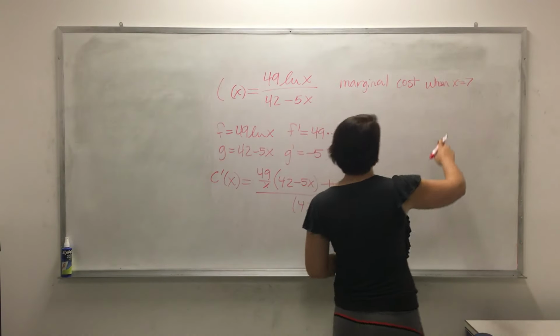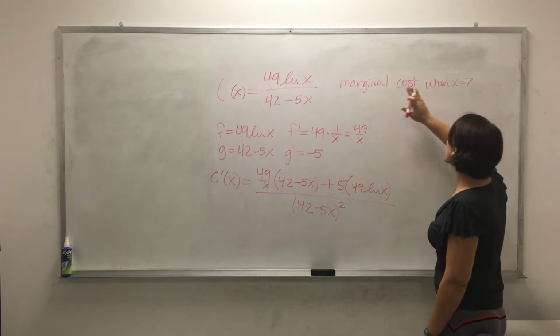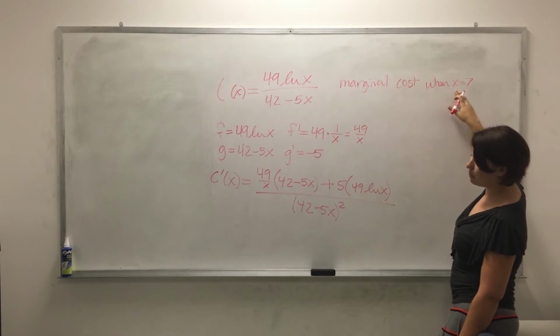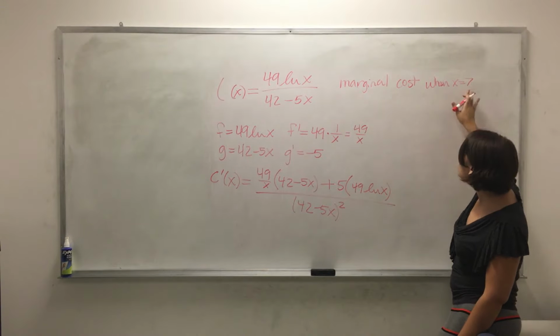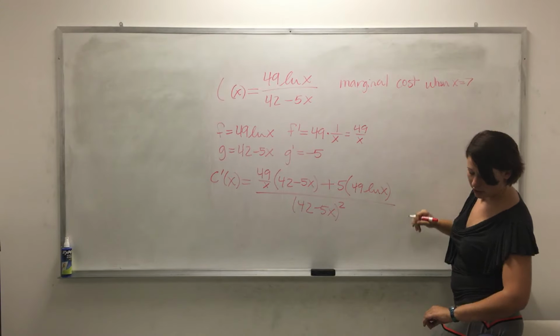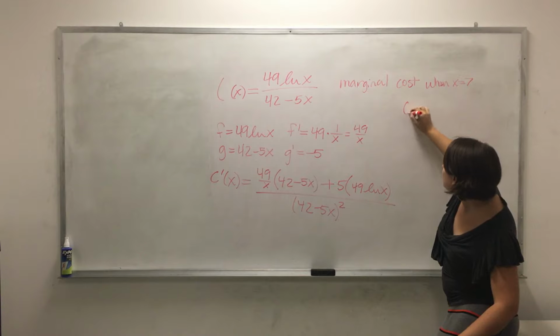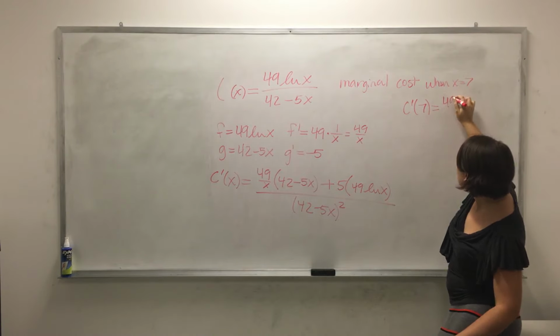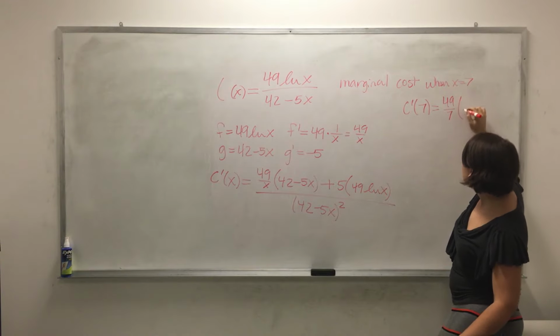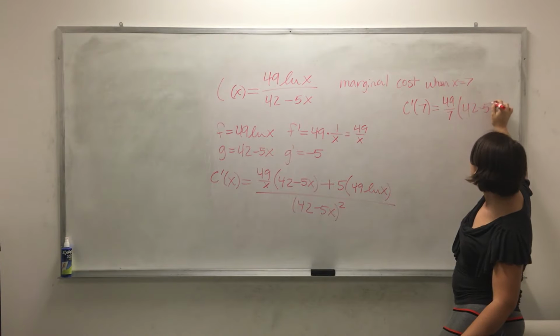Now, we were told, find the marginal cost when x is equal to 7. So that means now that we have the marginal cost formula, the C prime, we need to plug in 7 for x. So C prime of 7 is equal to 49 over 7 times 42 minus 5 times 7.